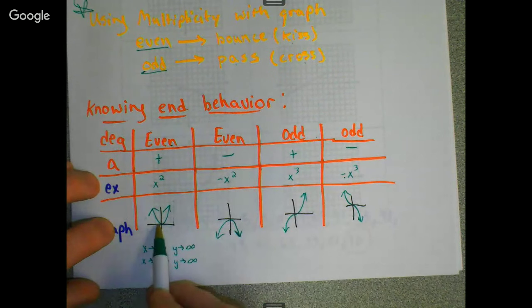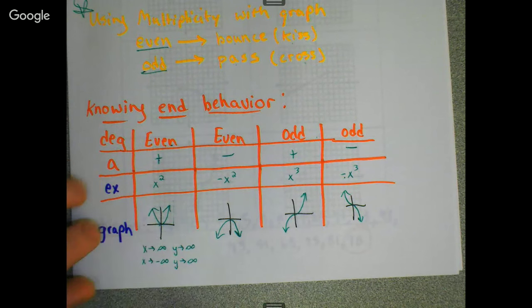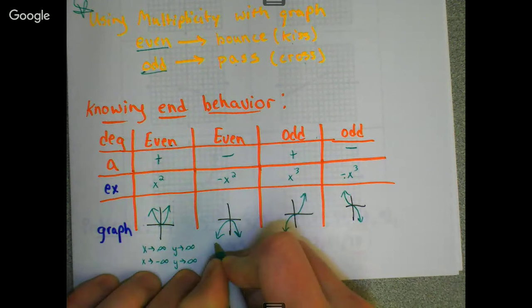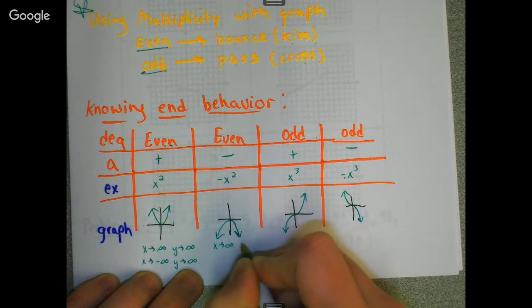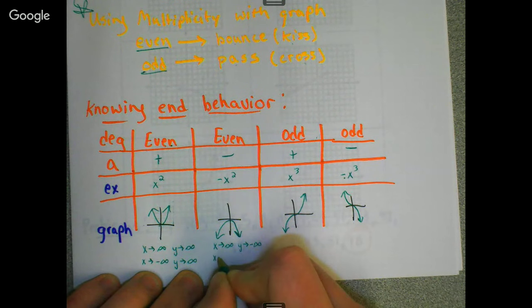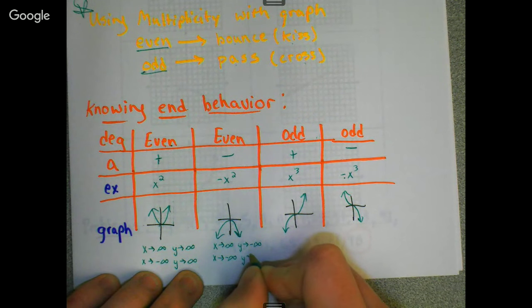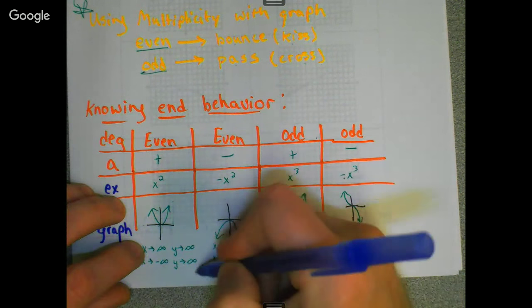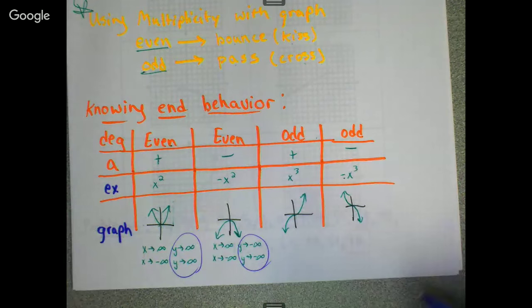So as my x numbers get smaller here, this y value is still going positive. Okay, now what happens if I flip it upside down? As x goes to infinity, y goes to minus infinity, and as x goes to minus infinity, y goes to minus infinity also. Notice that they're doing the same thing. Your y's are doing the same thing.